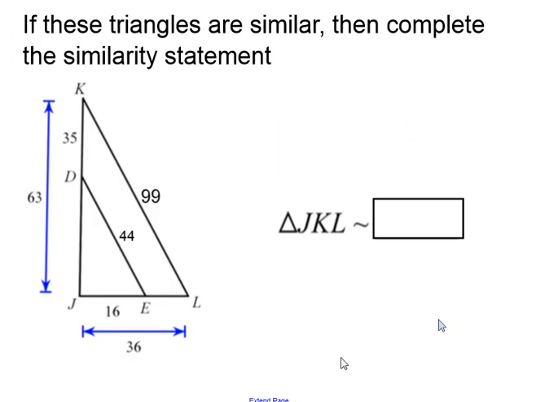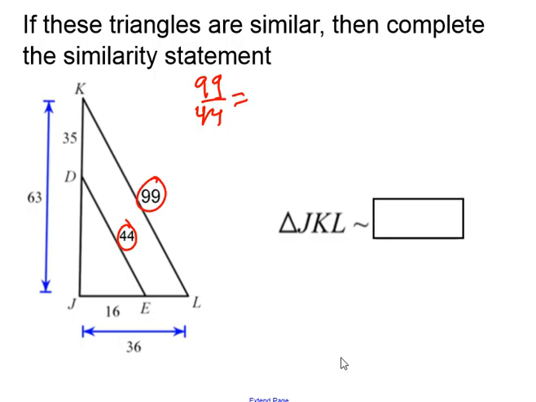Okay, I have one more example that I want to show you. I'm given this kind of scenario where one triangle is inside of the other. There's a lot of information here, and some information that we need is given, some of it's not. So I'm going to start to set up these proportions to find out if we have the same scale factor. The first obvious proportion that I want to set up is 99 over 44.